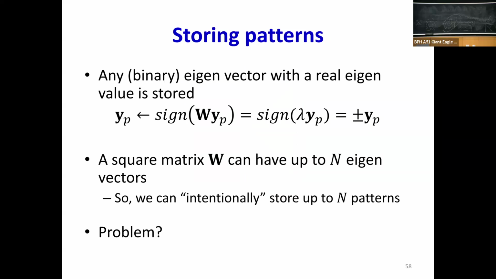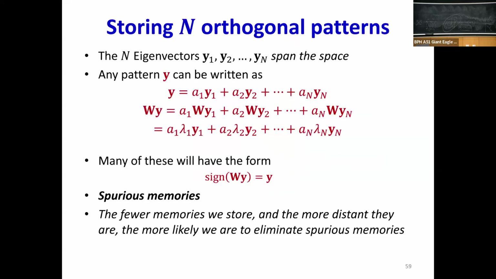But then this comes with a limitation, which is this, that a square matrix can have up to N eigenvectors. So we can intentionally store up to N patterns. But there's an issue. If you actually store N patterns, these N patterns are all orthogonal vectors.